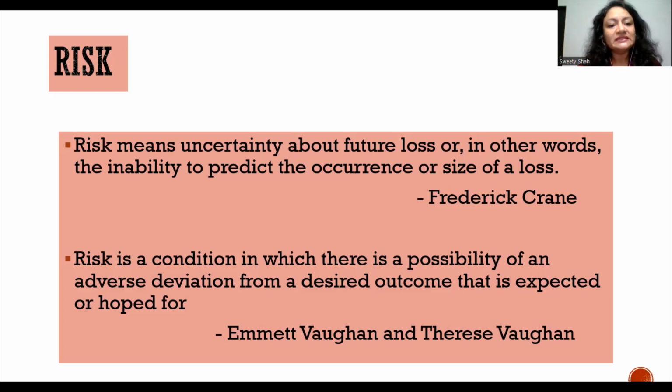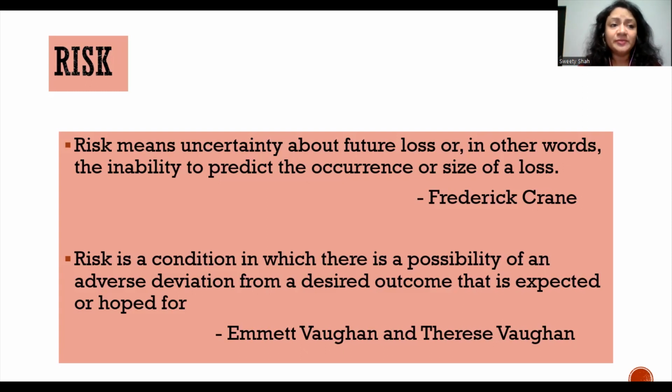To understand this term risk in a better way, we are going to look at the viewpoint of renowned authors. Frederick Crane has defined risk as uncertainty about future losses. In other words, it is the inability to predict the occurrence or size of these losses.